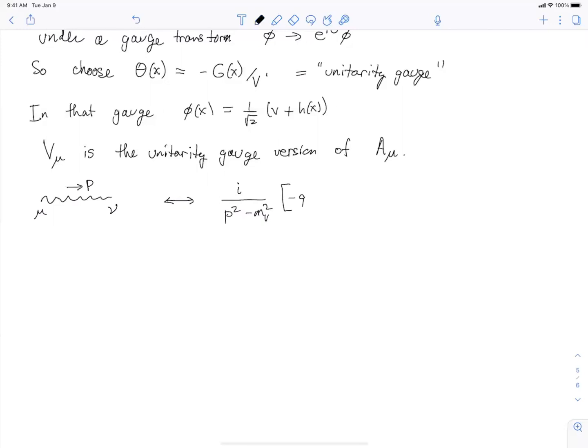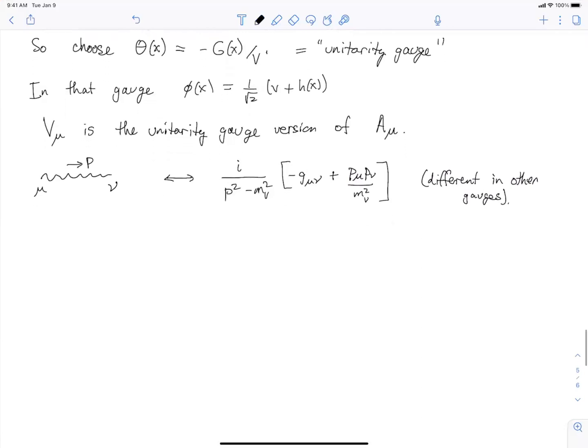We've actually seen this before when we talked about the weak interactions, because that's in fact what this is. So there's its Feynman rule, but I should emphasize this is in unitarity gauge. It's different in other gauges. And you can look up what the propagator looks like in other gauges. Okay, but in principle, all you need is one gauge in order to do calculations.